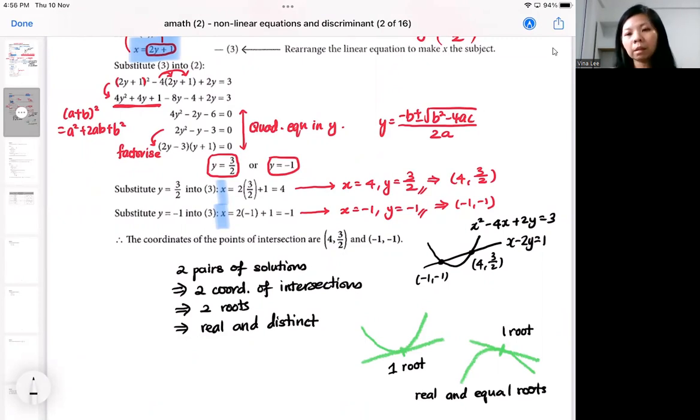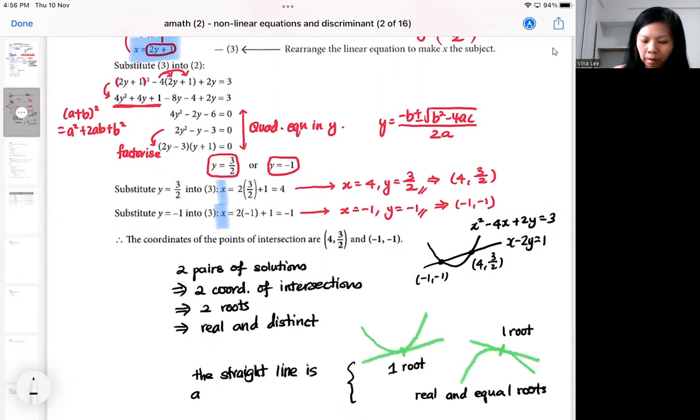And in this case, when a straight line cuts the curve at one point, we've got a special phrasing for it. The phrasing will be: the straight line is a tangent to the curve.